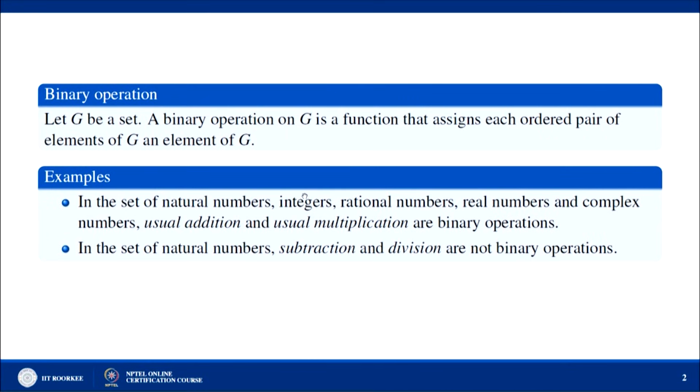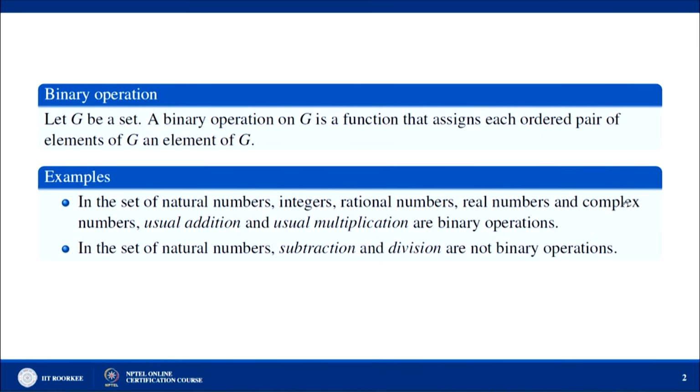Similarly, if you take the set of integers and you apply usual addition, you take any two integers, add them, the resultant is also an integer. That means the usual addition over the set of integers is a binary operation. Similarly, you take the set of rational numbers or the real numbers or complex numbers, under usual addition, usual addition is a binary operation.